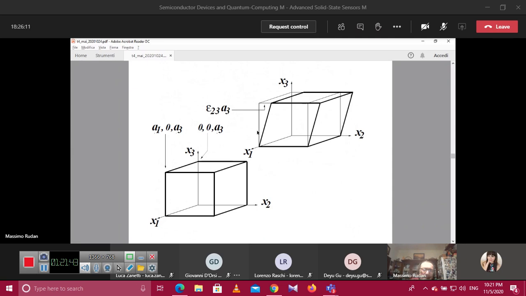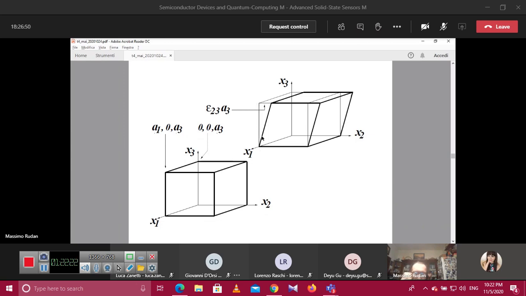And of course, if you take the product of this displacement that is given by epsilon 23 times A3, and then you divide it by A3, so you take the relative displacement, you find that it is equal to epsilon 23, and it is also the tangent of this angle, because it is the ratio between epsilon 23 times A3 and A3 itself.